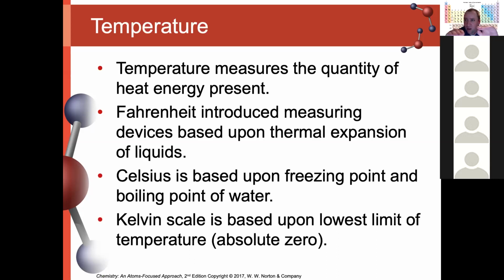And so if we use that as our basis for starting, then every other temperature can be made relative to that 0 point. You just make a big old linear scale based upon the energy of the particles compared to what it was like when there was no energy and there was no motion.